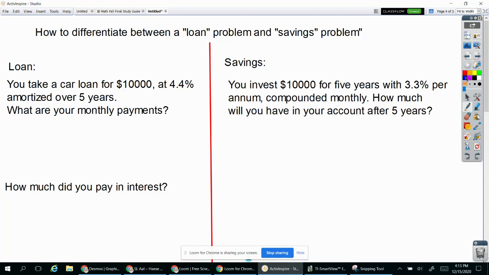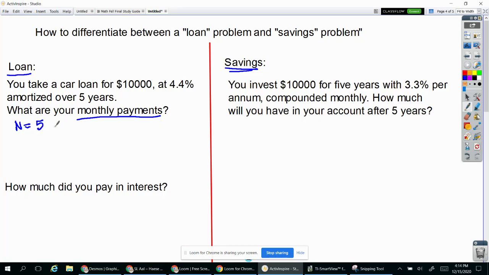How do you differentiate problems that are asking you about loan payments and savings? For example, you take a car loan for $10,000 at 4.4%, amortized over 5 years. What are your monthly payments? N is the number of periods, or monthly installments, that you're going to pay over 5 years.